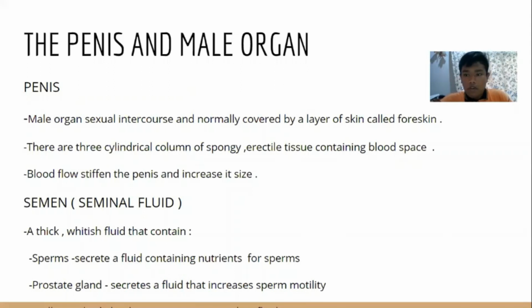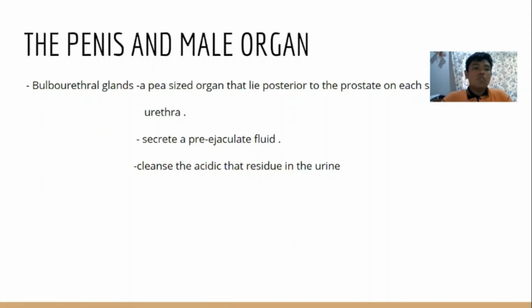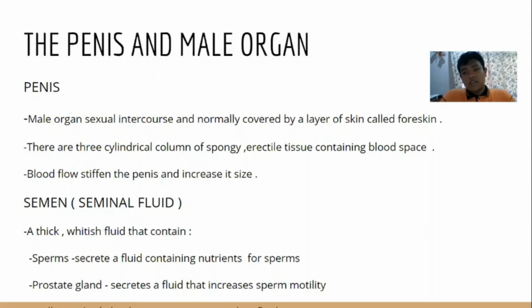Semen is a fluid that contains sperm and also secretions from three types of glands: the prostate, the bulbourethral gland, and the seminal vesicle gland.